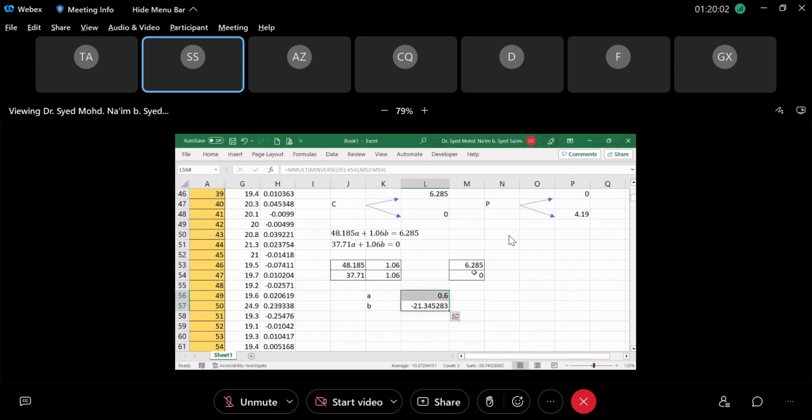If you haven't installed the latest Excel, please go to UUMIT. I already told you last time, but maybe some of you still haven't done it yet. Please go to UUMIT and install the latest Excel. But if you are still using the old laptop, make sure that whenever you run matrix operation or array computation, you must press Ctrl Shift and Enter to get the result. That is one of it.